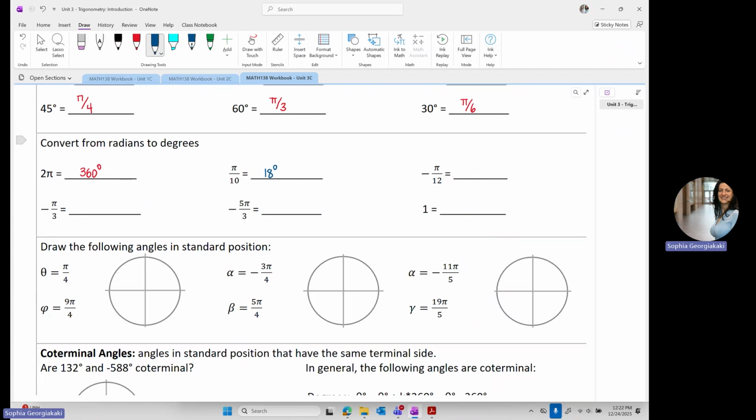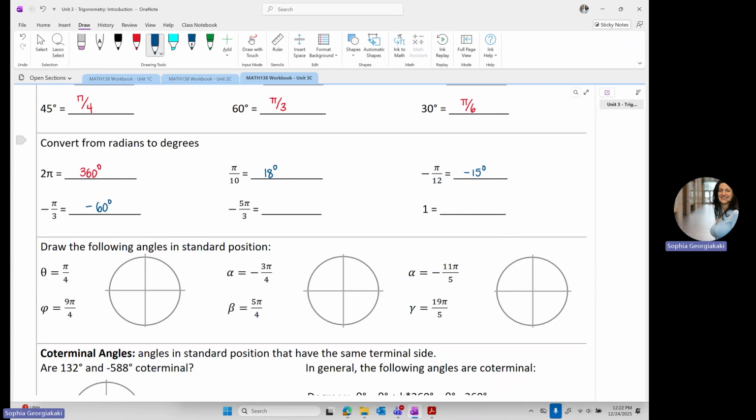So for that, I will use a calculator. I will ask how much is 180 divided by 12. In my calculator, the answer is 15 degrees. Don't forget that this is a negative angle, so negative 15 degrees. 180 divided by 3 is 60 degrees. This is negative, so negative 60 degrees.